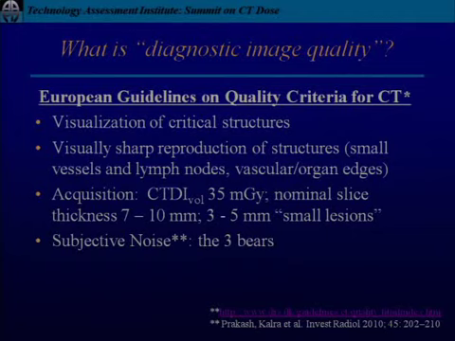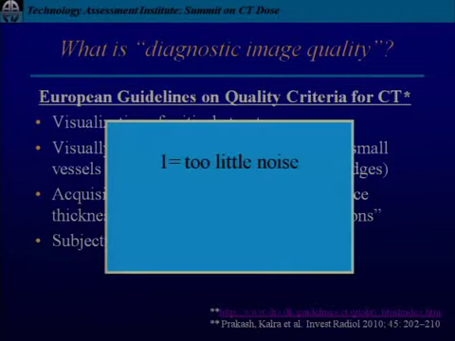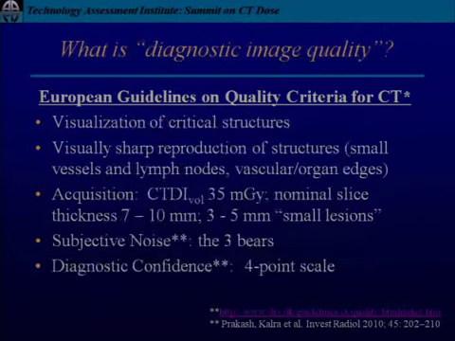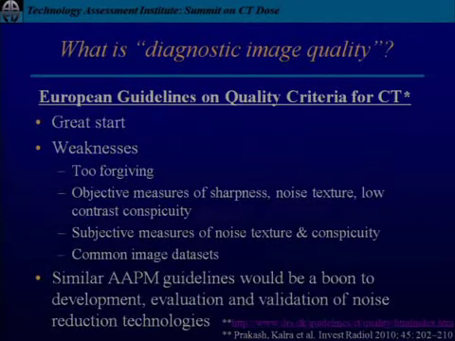They grade subjective noise, and this is kind of the three bears, where 1 is too little, 3 is too much, and 2 is just right. Well, that's kind of in the eye of the beholder, too. And then the diagnostic confidence score. So I think this is a great start, but there are weaknesses because it's too forgiving. The objective measures of sharpness, noise, texture, and low contrast conspicuity really need to be there so that we have an equivalent playing field between institutions.